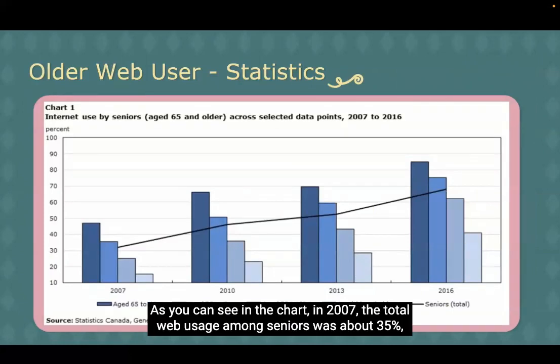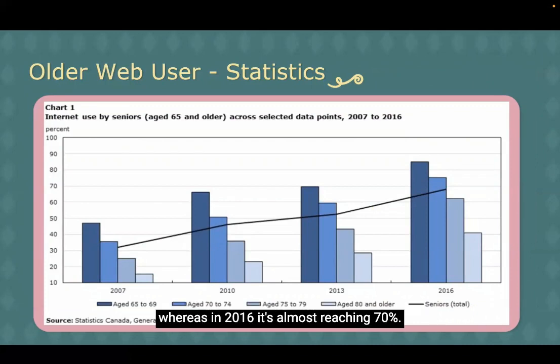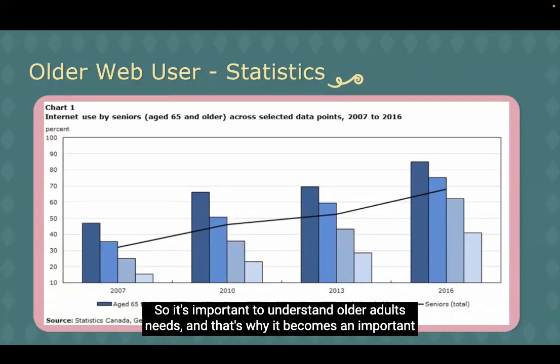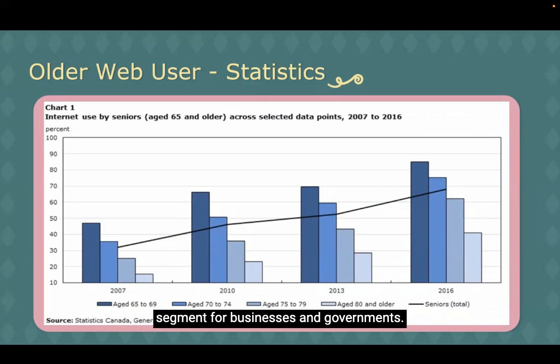As you can see in the chart, in 2007, the total web usage among seniors was about 35%, whereas in 2016, it's almost reaching 70%. So it's important to understand older adults' needs, and that's why it becomes an important segment for businesses and governments.